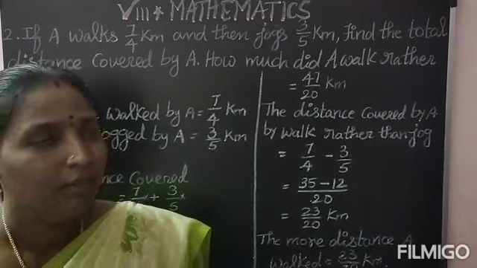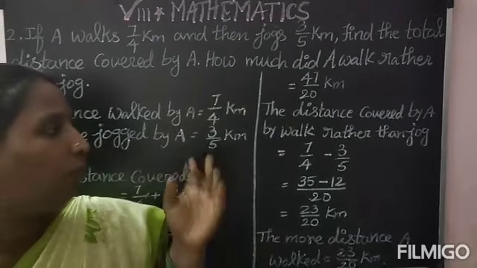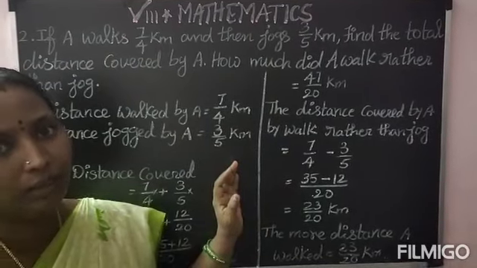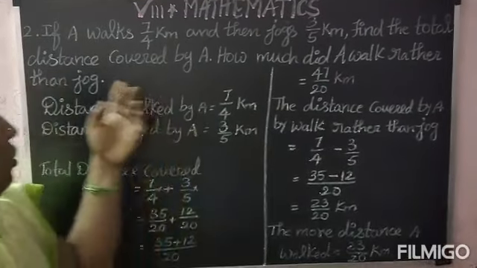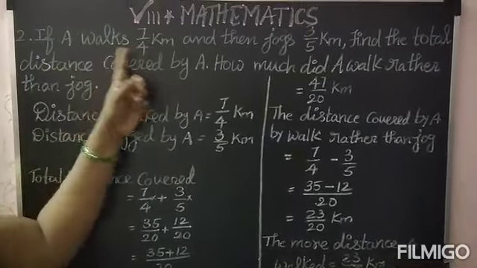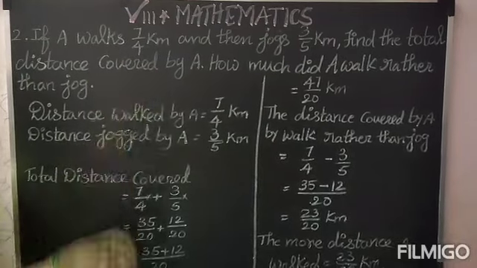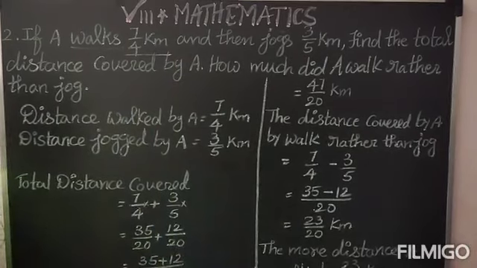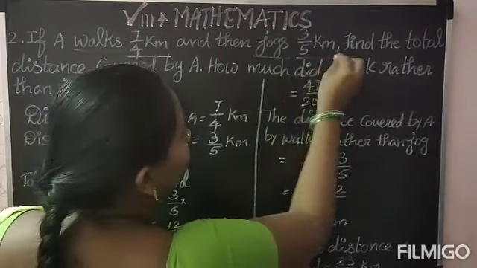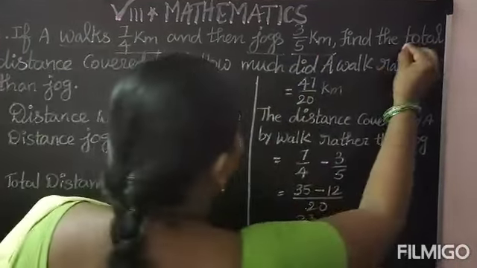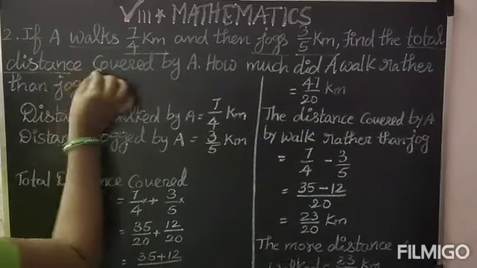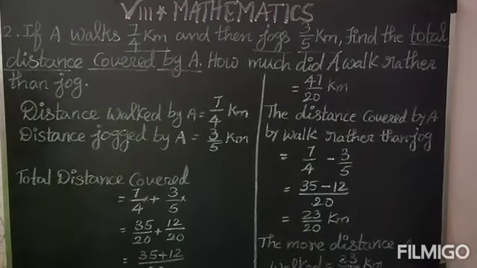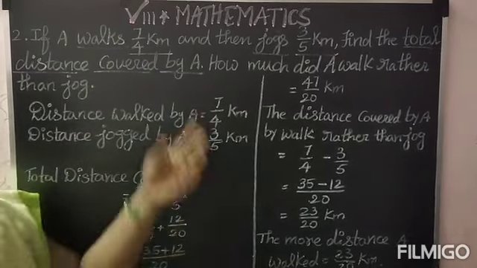That is in whole numbers. So how we are going to do that with rational numbers, only in this sum we are going to see. Okay. So A is a person. He walked how much distance? 7 by 4 kilometer distance. And then he jogs 3 by 5 kilometer. So we are going to find the total distance covered by A. How much distance has A covered in total?